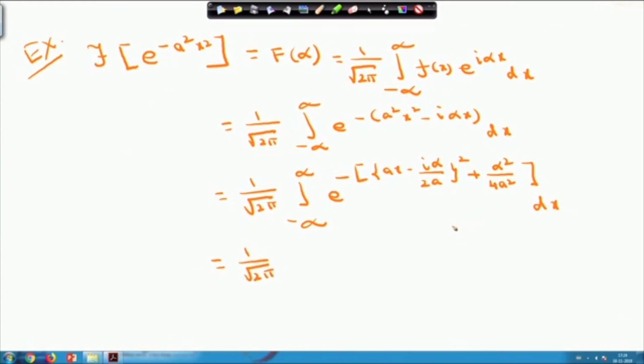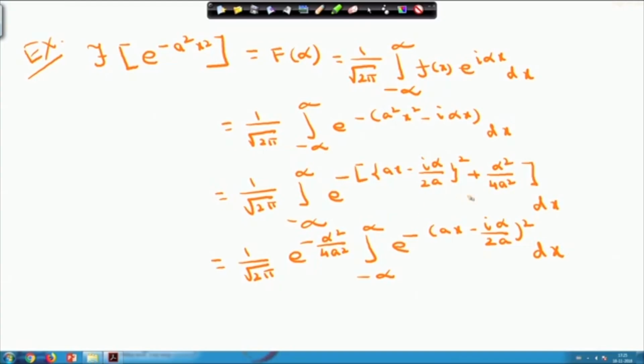e^(-α²/4a²) can come outside because this is independent of x. So, e^(-α²/4a²) times the integral from -∞ to ∞ of e^(-(ax - iα/2a)²) dx.